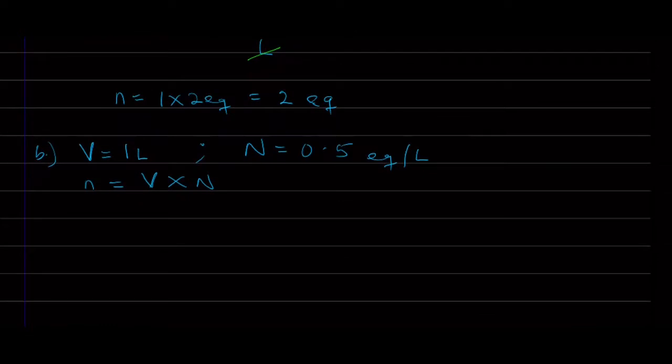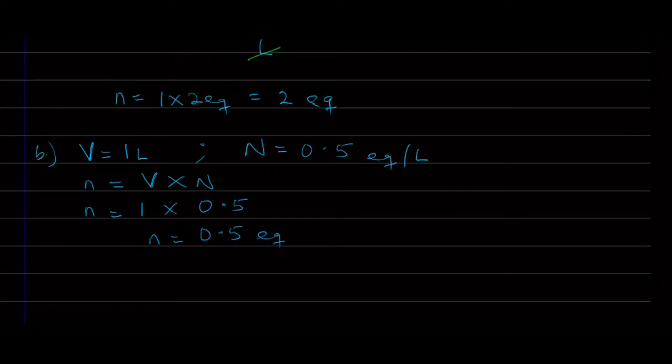So we can solve for the number of equivalents using a volume of 1 liter, times a normality value of 0.5 equivalents per liter. So our N becomes 0.5 equivalent. So this is all about the solution to problem 4.